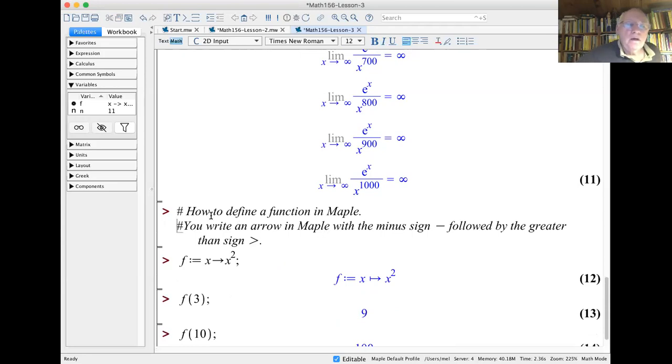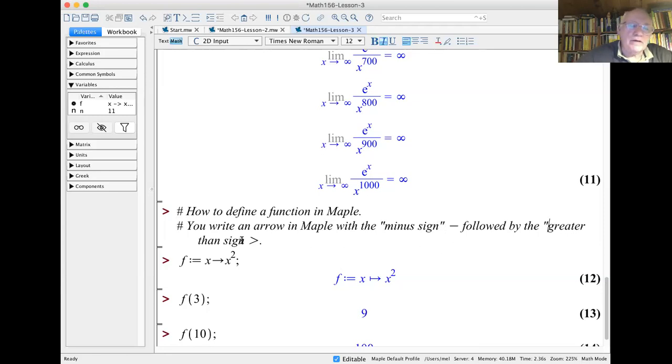So this sharp sign means this is just text, not a Maple command. You write an arrow in Maple with the minus sign followed by the greater than sign. That's the minus sign.